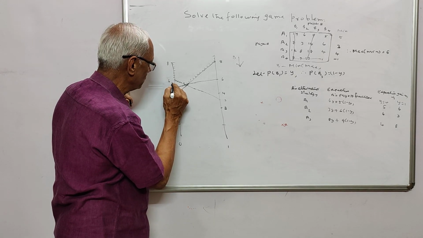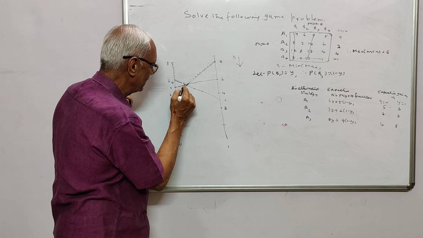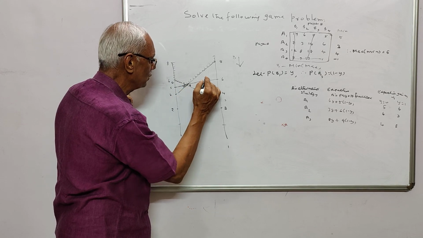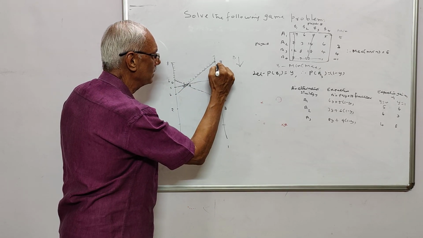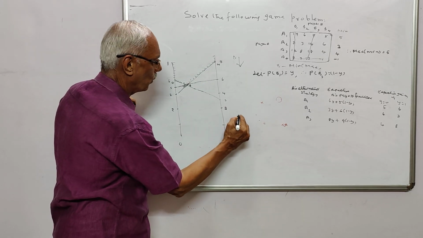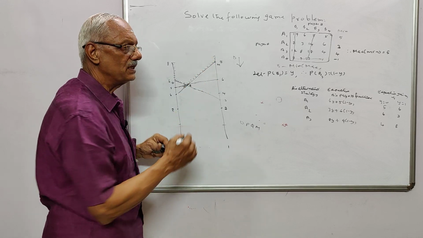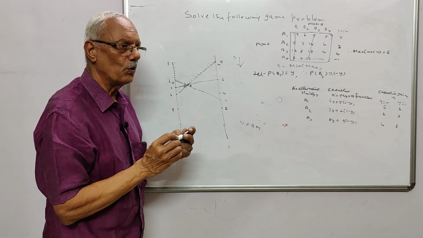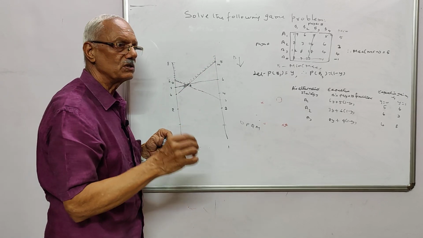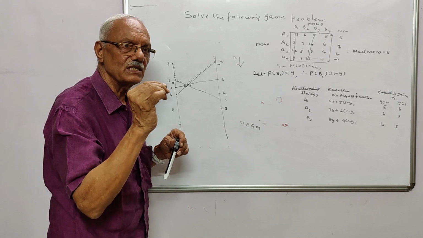Let me call this O. Here there is P and this is Q, and let me call this M. So O, P, Q, M. You see that it is showing an open area like this. So you must select such an area.